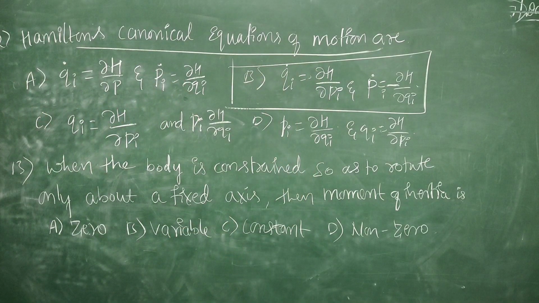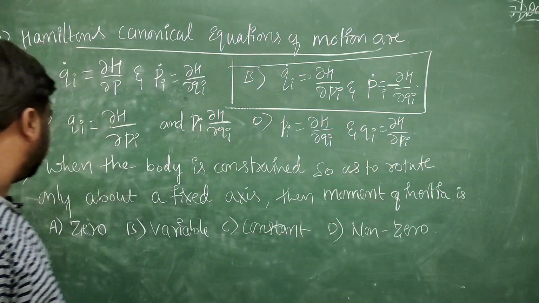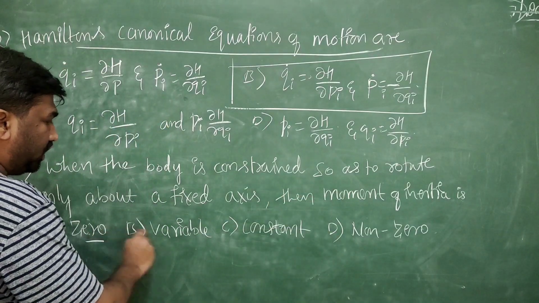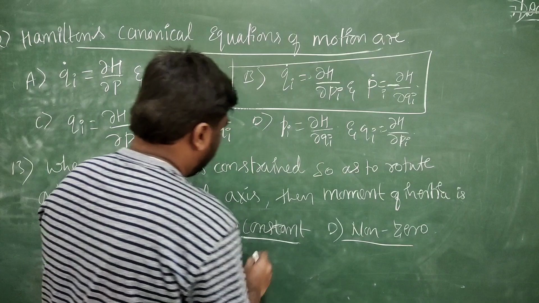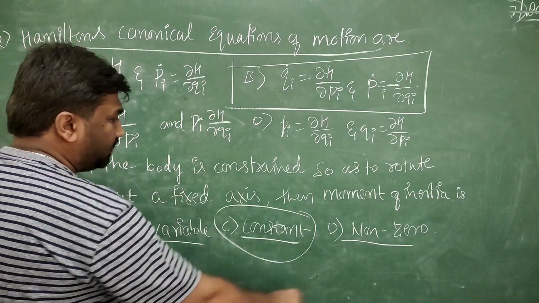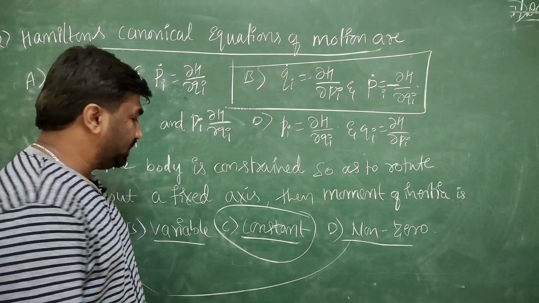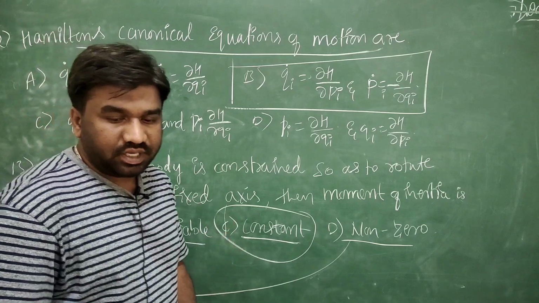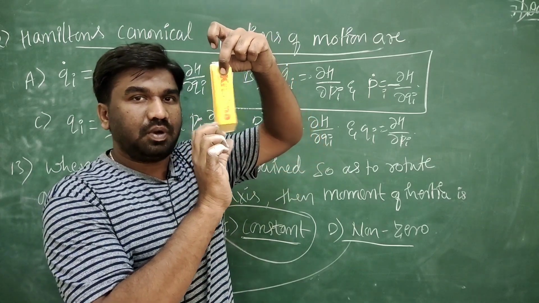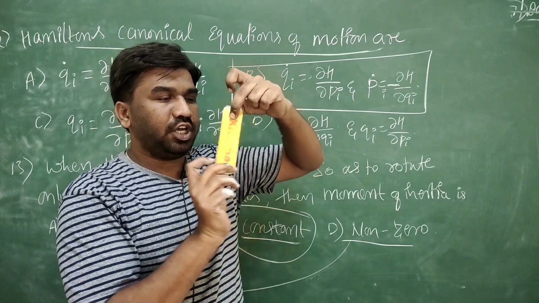Okay. Next, when the body is constrained so as to rotate only about a fixed axis, then the moment of inertia is 0, variable, constant, or non-zero. So it is constant, and 0 and non-zero are similar but not an answer. Why constant? For example, let us consider a rigid body which is fixed at this point and is rotating.